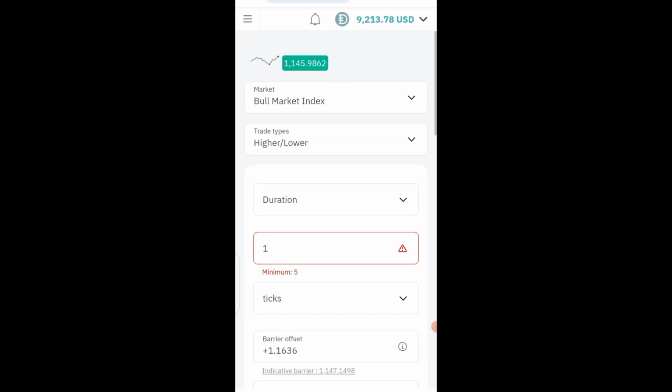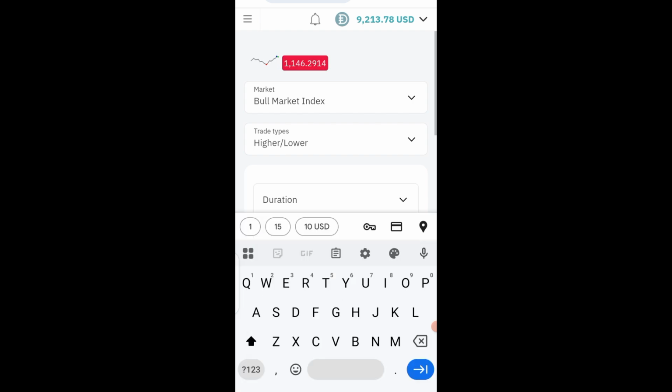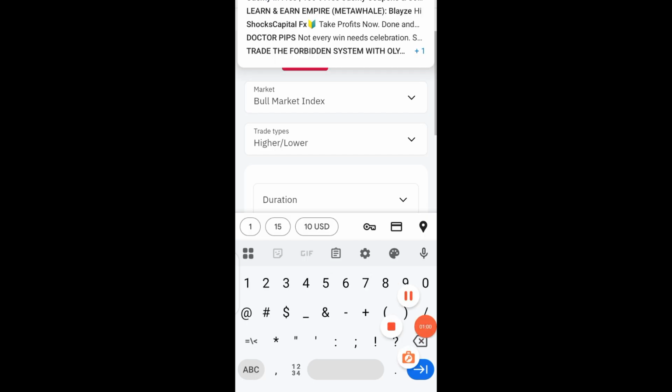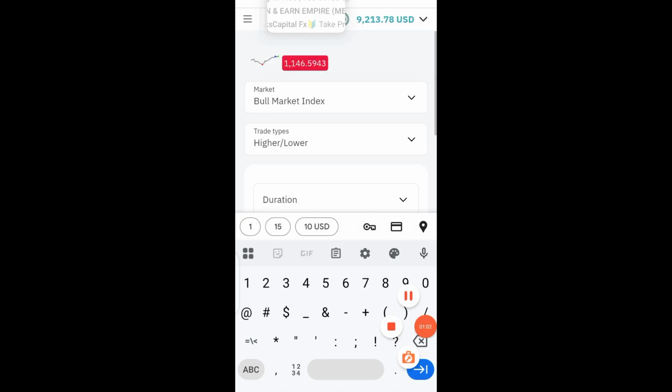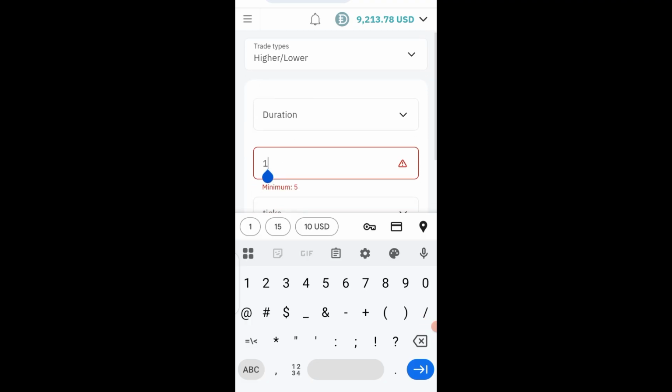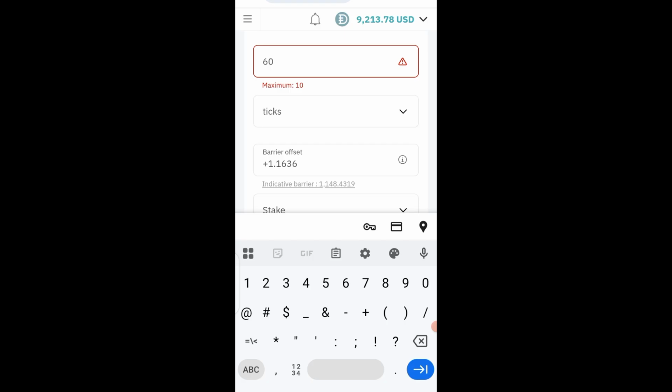Our time duration is 60 minutes. So we select 60 minutes, change here to minutes.